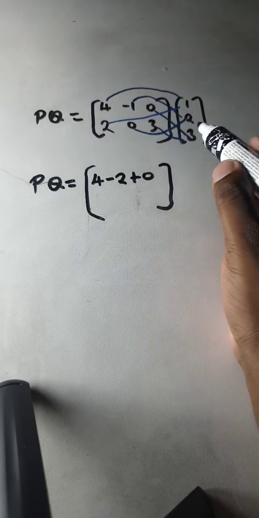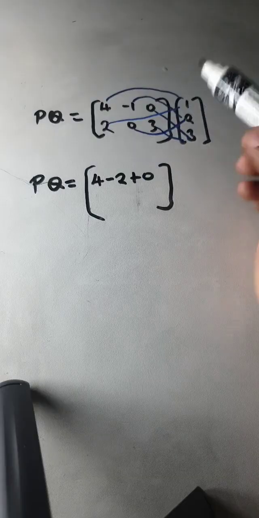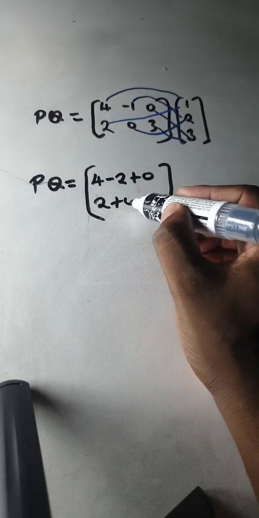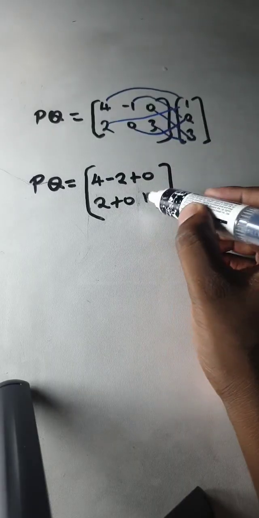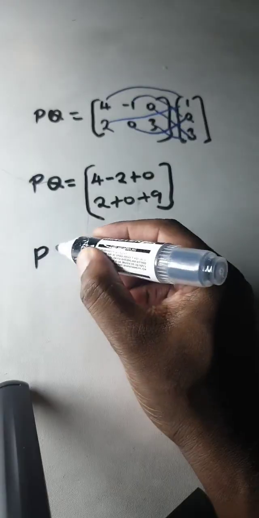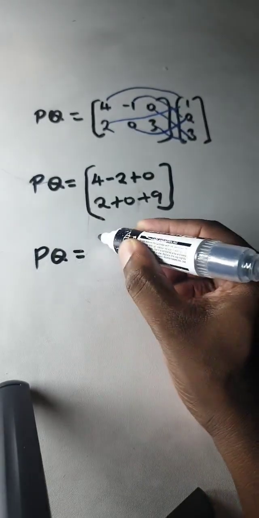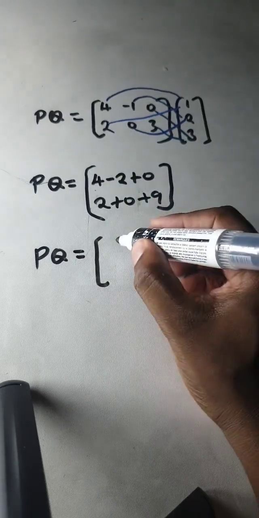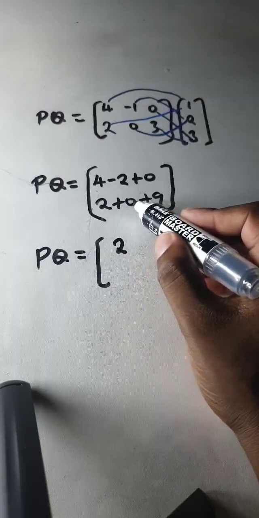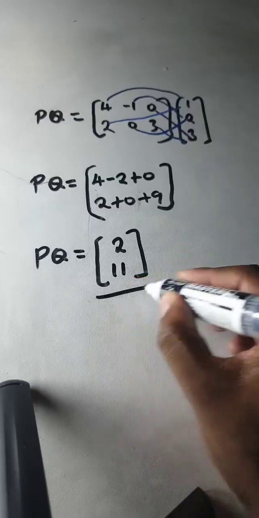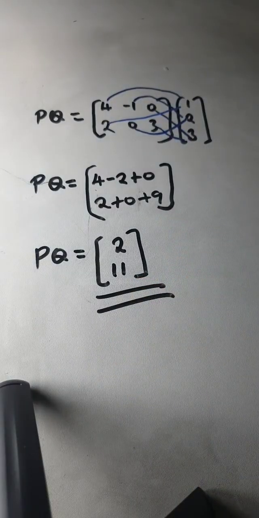Then 2 times 1, it is 2. 0 times 2, it is 0. 3 times 3, it is positive 9. So PQ is equal to 4 minus 2, it is 2. Plus 0, it is 2. 2 plus 0 is 2, plus 9 is 11. That is our answer. Just like that.